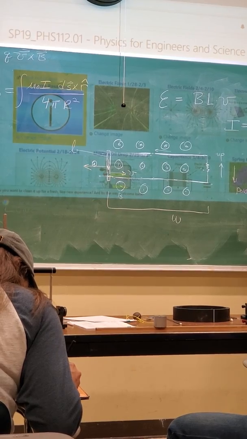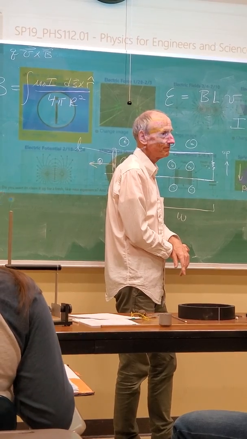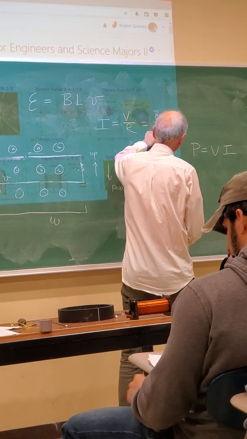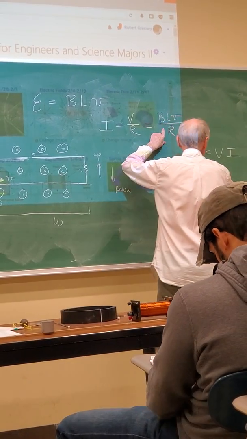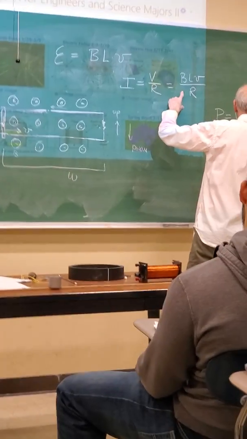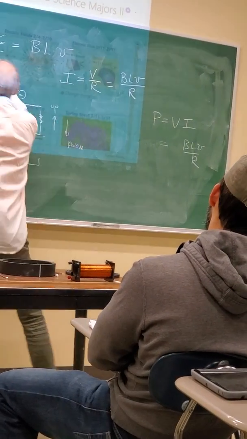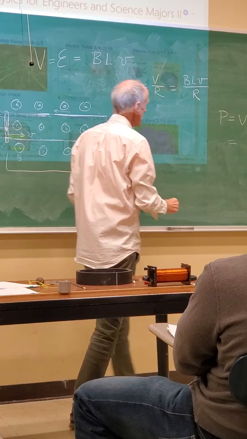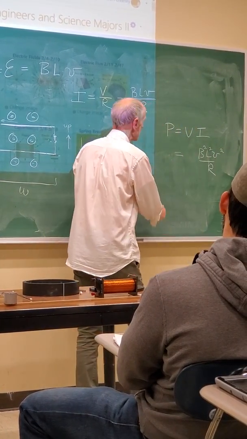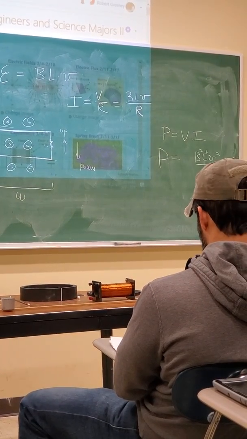It's the V times the I. So if I derive the general equation, the I is BLV over R, and the voltage of the EMF is BLV, so it's B squared L squared V squared over R. So that's the power I produce.